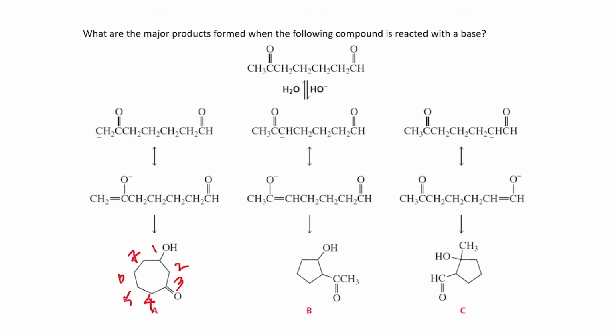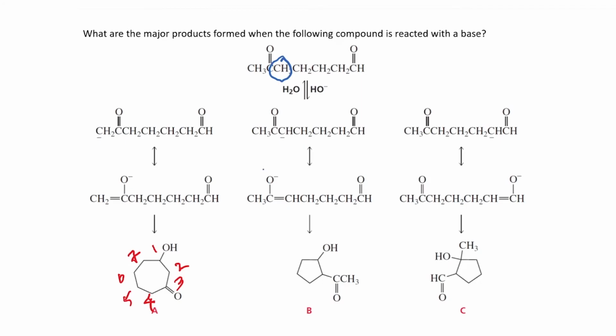We have studied in the past that formation of ring systems larger than 6 is not highly favored. It can occur, but it's not highly favored. Nevertheless, let's keep that in mind. We move on to the next enolate, which can be produced over here. Once this enolate is produced, it can also undergo an intramolecular reaction, and it gives you the following product.